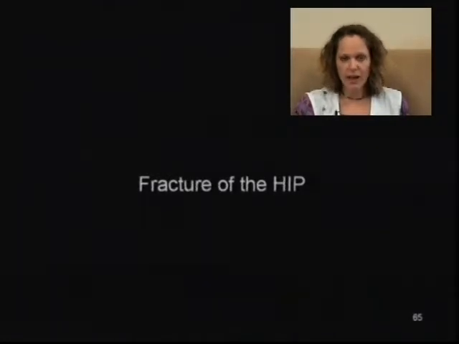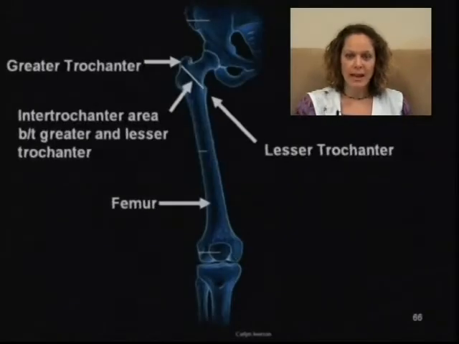Okay, so now we're going to talk a little bit about fracture of the hip, which is a common occurrence for patients that we take care of in the hospital. And so here we have another picture of our femur bone, and we can see the greater trochanter and the lesser trochanter, but this time I want to focus on the area in between called the intertrochanteric area, between the greater and lesser trochanter.